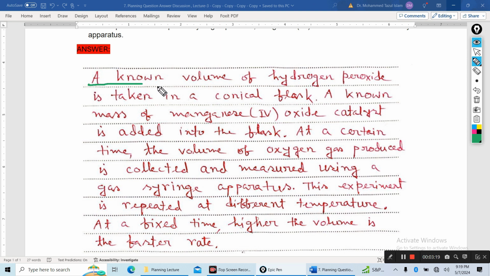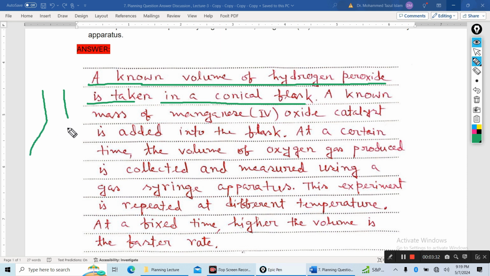A known volume of hydrogen peroxide is taken in a conical flask. Known volume, 50 centimeter cube or 100 centimeter cube.